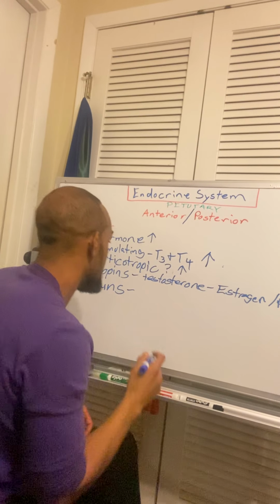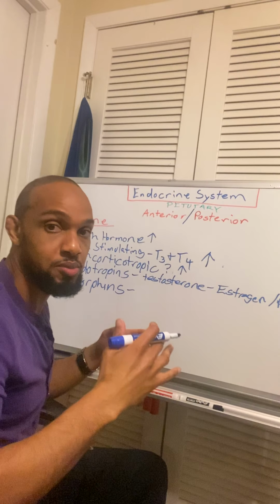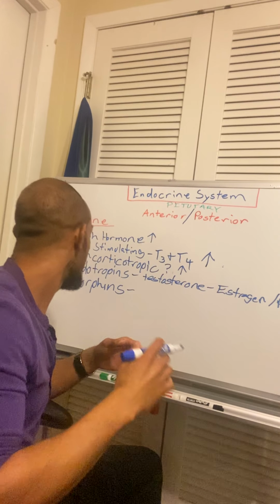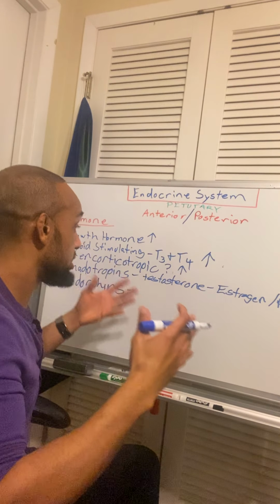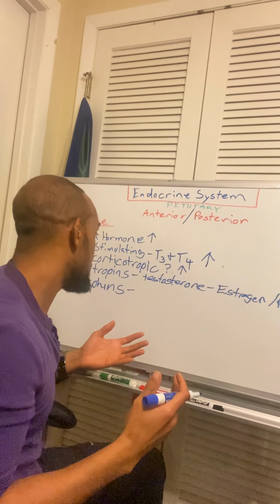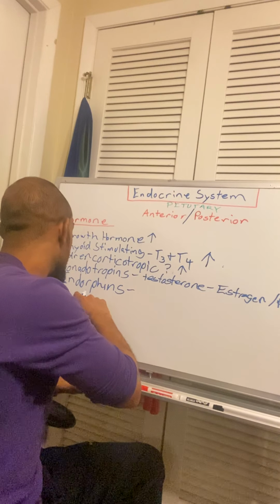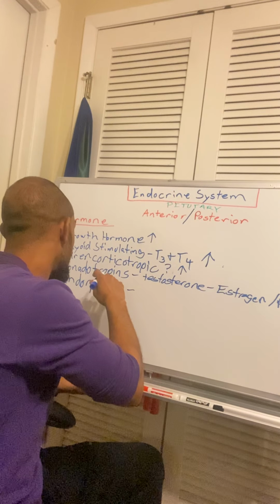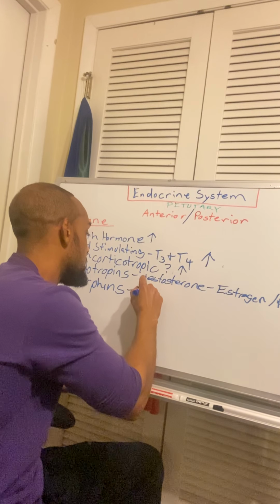Now endorphins, that's the hormone that decreases our perception of pain and discomfort. It eases your pain, in other words. It gives you that feel-good sensation. And in regards to endorphins, whenever you exercise, those endorphins go up.